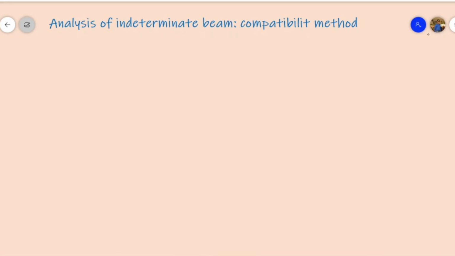Okay, so in this video, with the help of this compatibility method, I will show you how you can calculate the support reaction of any propped cantilever beam or any continuous beam.